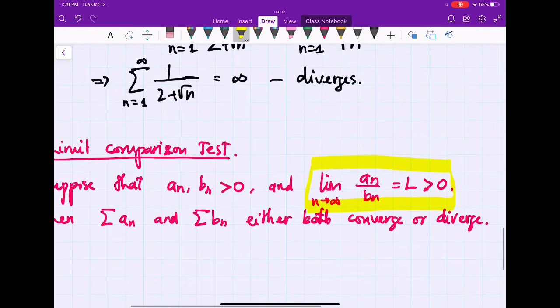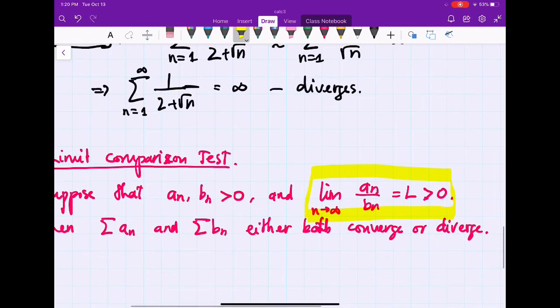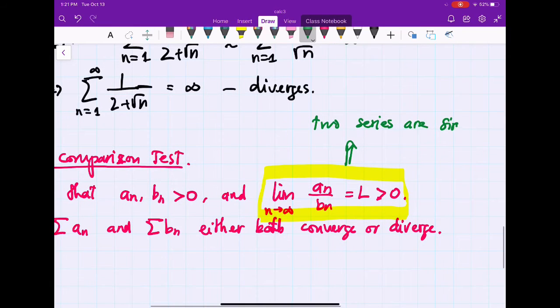That means these two series are similar, because the limit of the quotient is just a number bigger than 0.